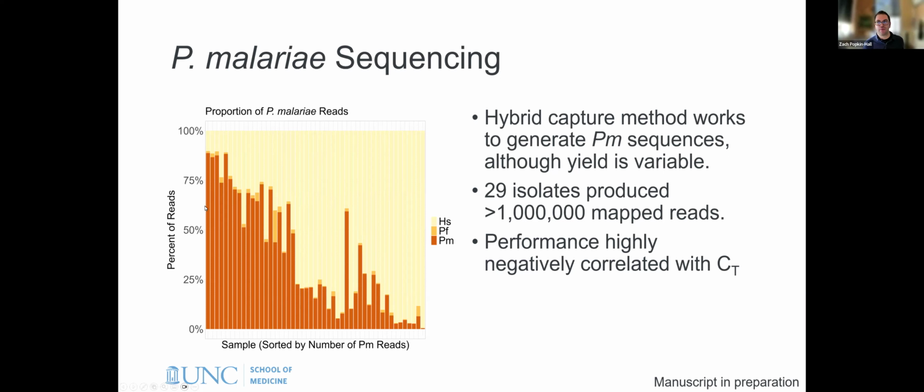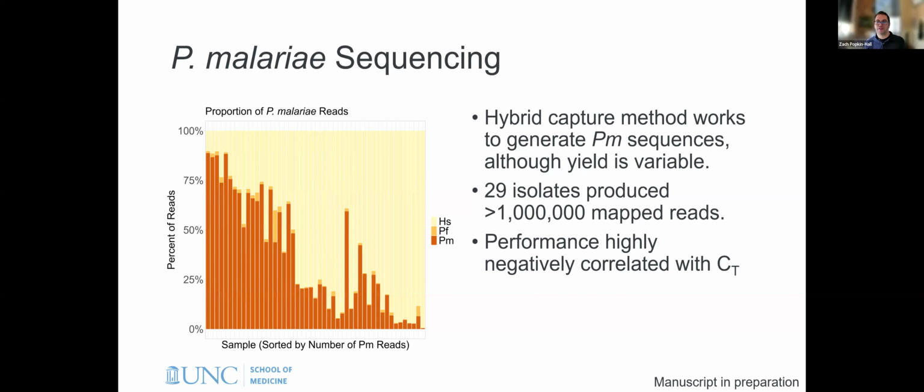Some of our really well-performing samples, we had well above 75% of the reads mapping to the PM genome. We do have some less well-performing samples where it's closer to 1% mapping to PM. But to put that in context, if we had tried to do direct sequencing just from the blood sample, almost everything would have looked like this one at the far right, where it would have been almost entirely human due to the high amount of human DNA in the blood sample.